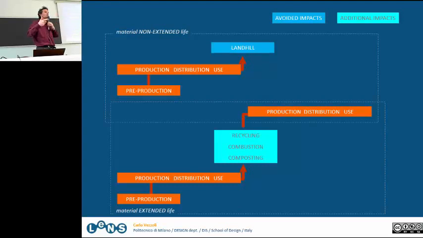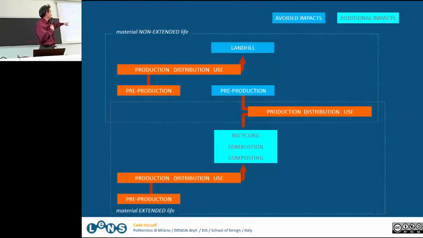You use the energy for some processes during production or during the use phase and so on. That means that for those we avoid the pre-production of a comparable product. If I'm using a recycled material to make some part of this, I avoid the pre-production of virgin material. If it's a plastic polymer coming from oil, I have to extract the oil, refine the oil, and so on. So I avoid those pre-production processes.